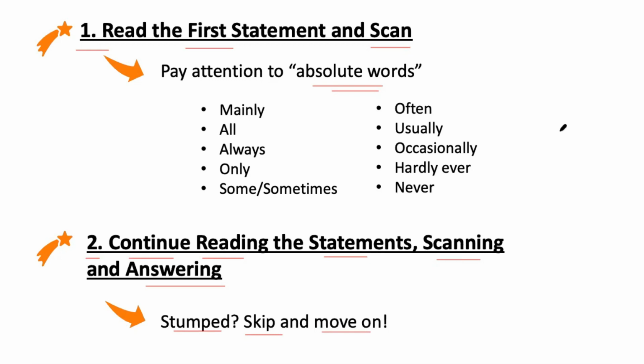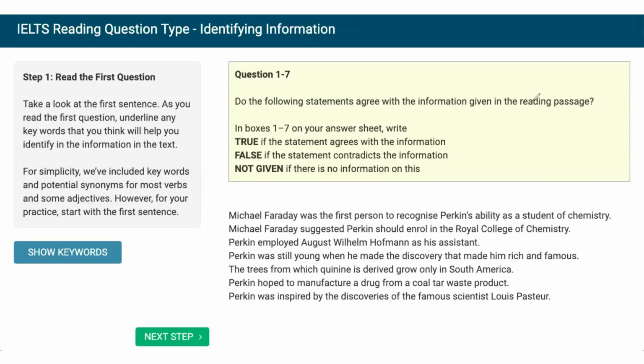All right, now we're going to start with our step-by-step example. We're going to pull everything together. I hope you're ready. Here is our step-by-step example. We have step 1, read the first question. So you always want to take a look at the first sentence. And for us, that first sentence is here on the right-hand side.